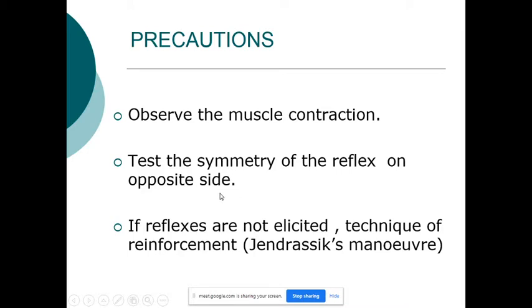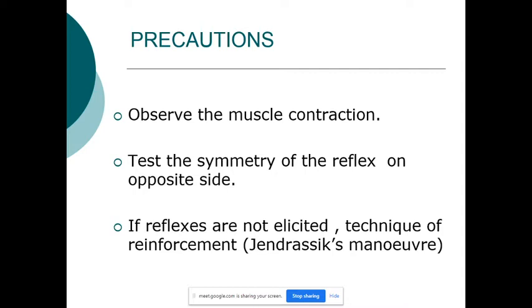In the last class I told you, even in the respiratory system, whenever we check one particular side, always compare it to the opposite side, then go to the next area. Same thing here. When you are checking the biceps jerk on the right side, you should always check the biceps jerk on the left side, then go to the next.